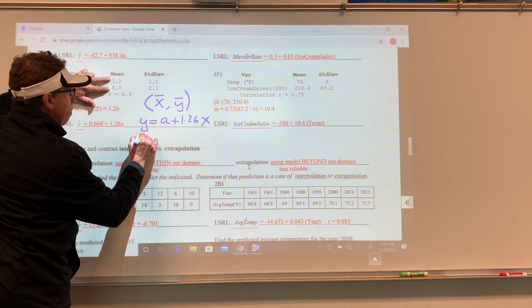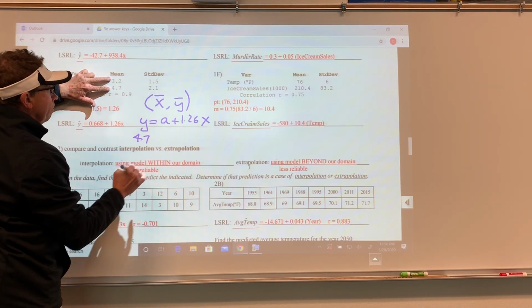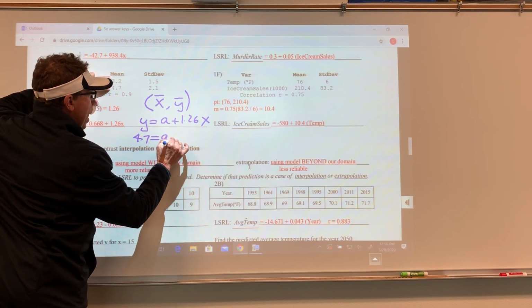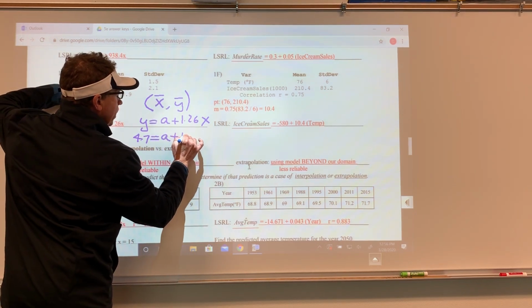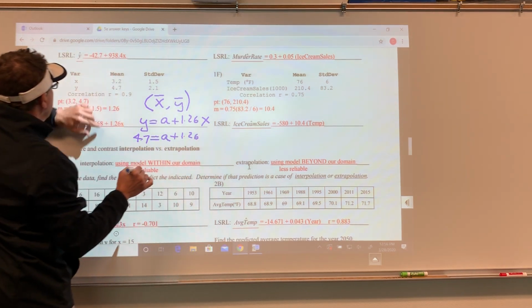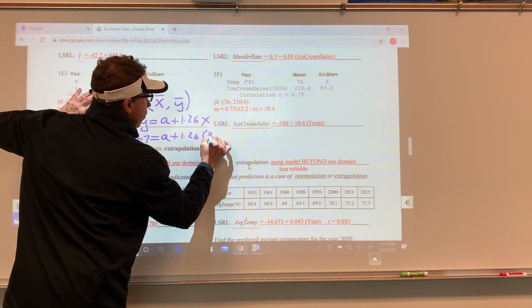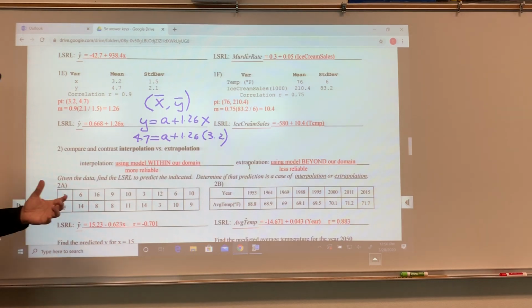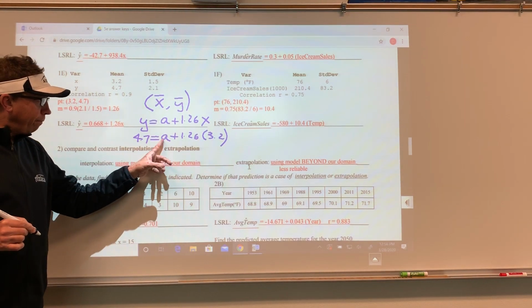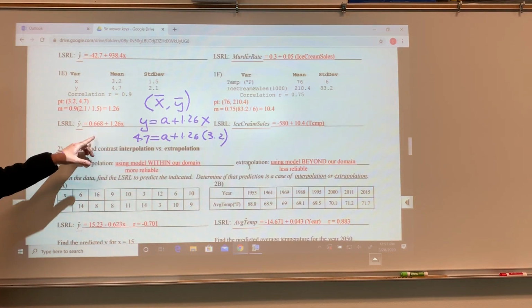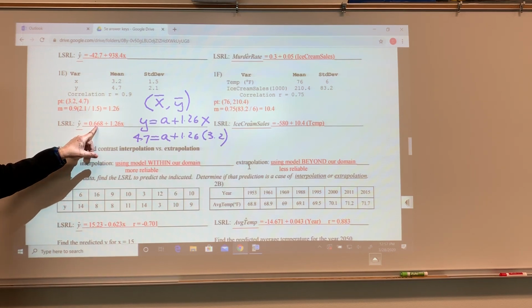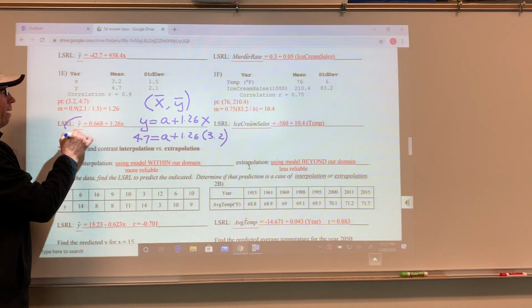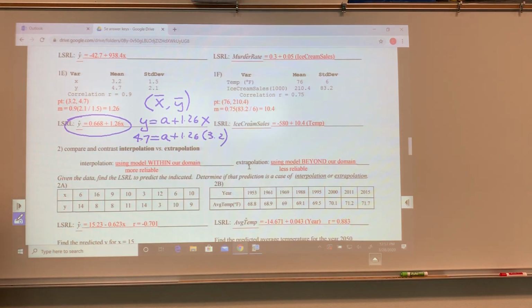So I'm going to write in 4.7 equals a plus 1.26 times 3.2. And again, stop the video and verify the fact that when you solve for a using algebra, you will get 0.668. And then you will have found the equation.